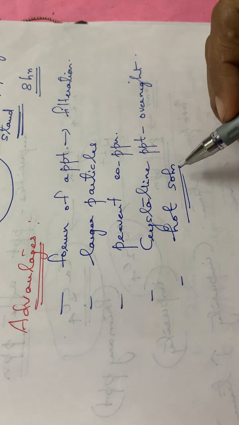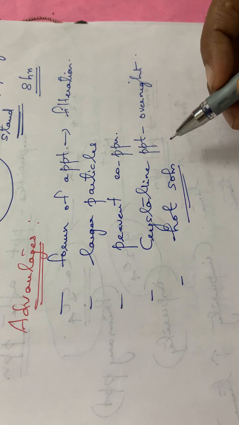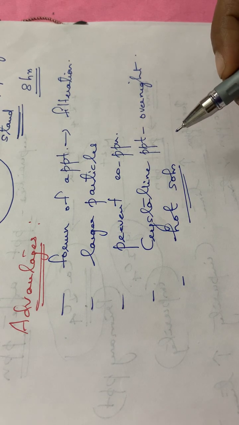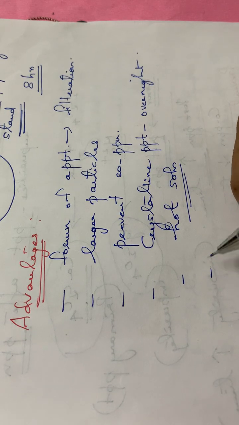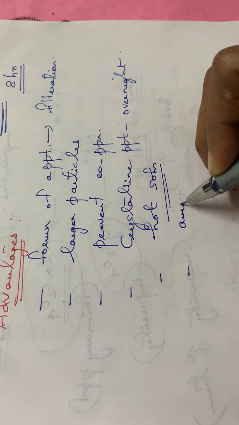Sometimes the solution is kept hot so that the impurities may not get occluded inside the pockets of the precipitate.